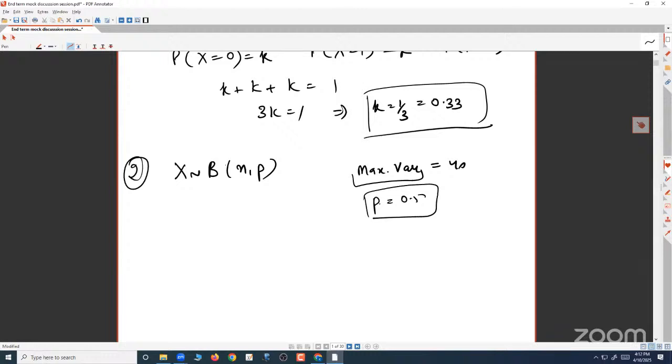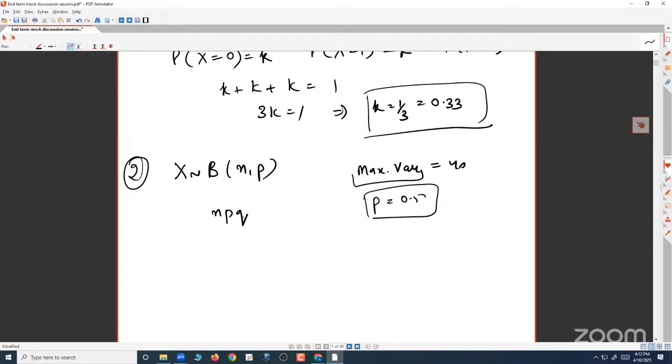We know that for the binomial distribution, the formula of variance is npq. Ma'am, how do we get the maximum variance at probability equal to 0.5? Maximum variance means success and failure are divided into equal parts.